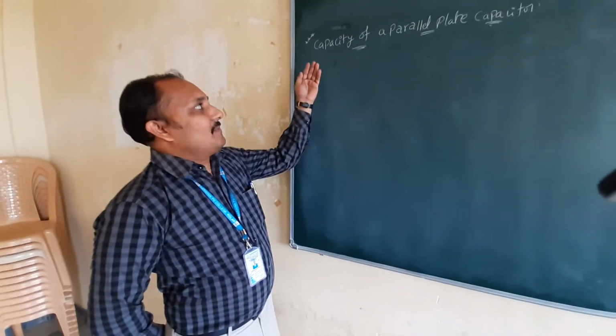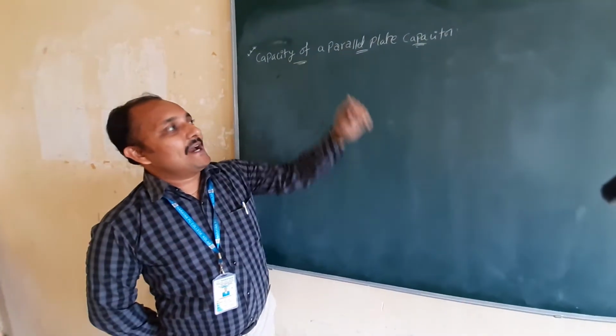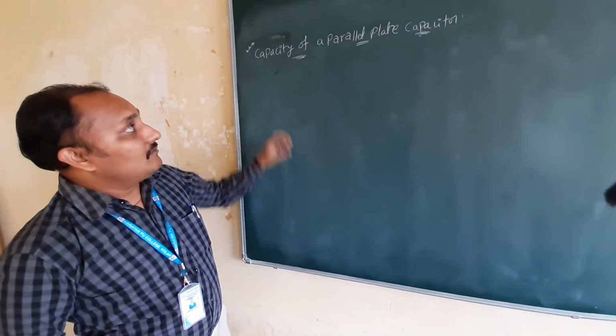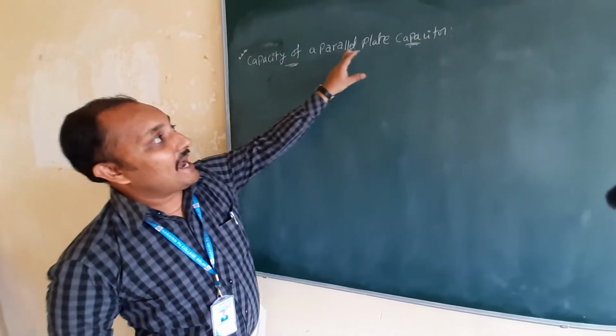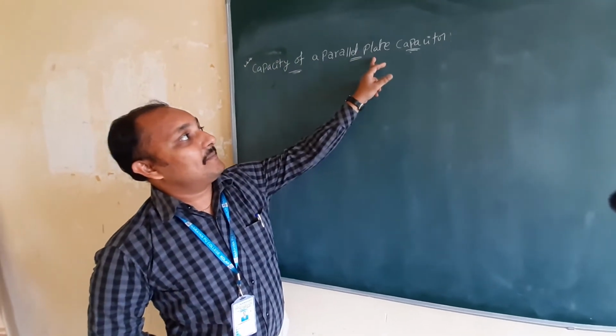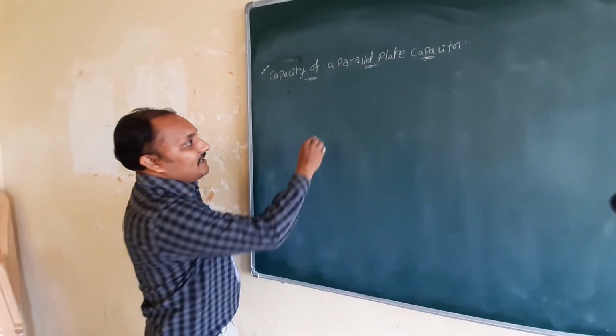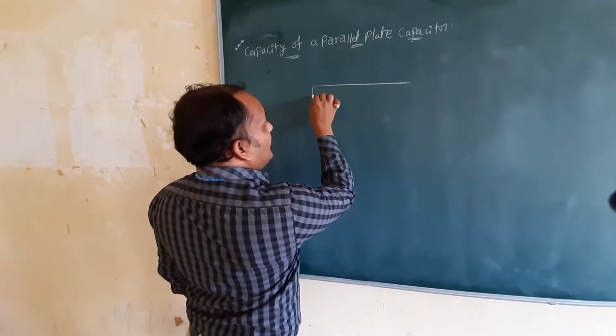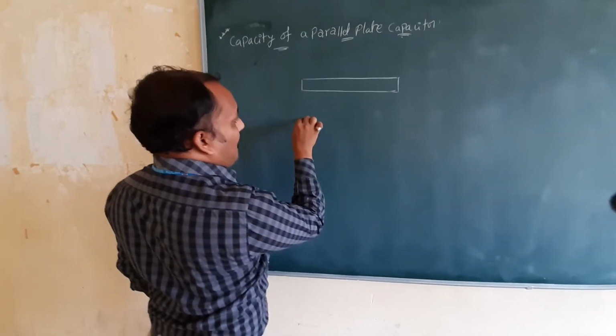Now our next topic, capacity of a parallel plate capacitor. We are going to calculate the capacity of a parallel plate capacitor. Parallel plate means here 2 metal plates we will take, those are parallel.